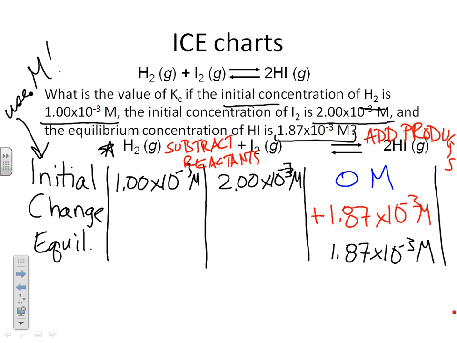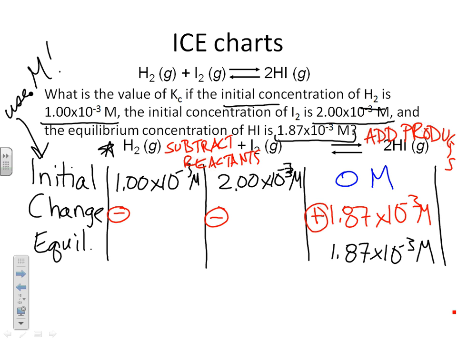So while this is a plus here, it will be a minus for the reactants. We add products, we lose reactants. We use up the reactants in order to create the product. So it's a negative change for the reactants, it's a positive change for the products. So that's the difference in sign. The difference in number is coming straight from stoichiometry. For HI, the change was 1.87 times 10 to the minus third molar.